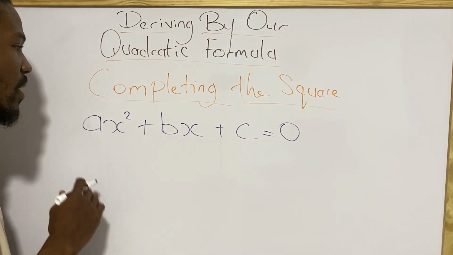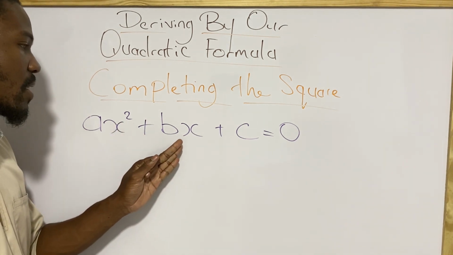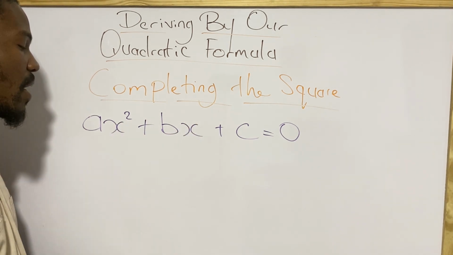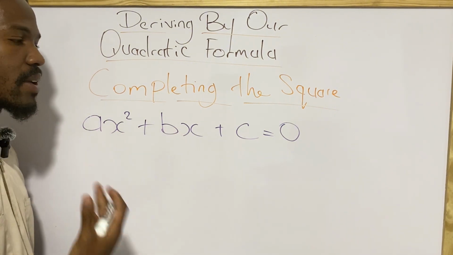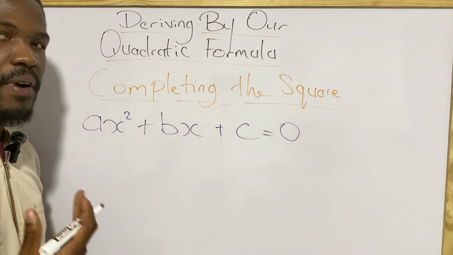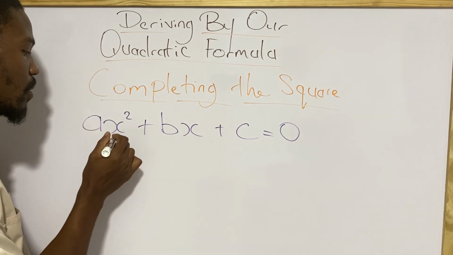Looking at this equation, we have ax squared plus bx. We are going to find a way to leave these like terms, and we're going to do that by factoring out our a.